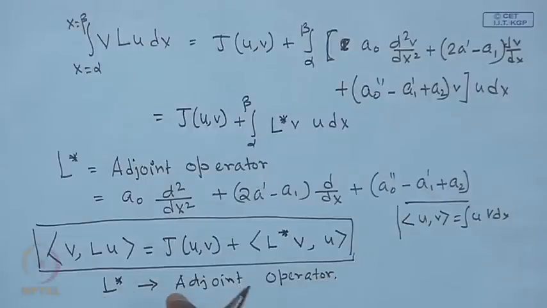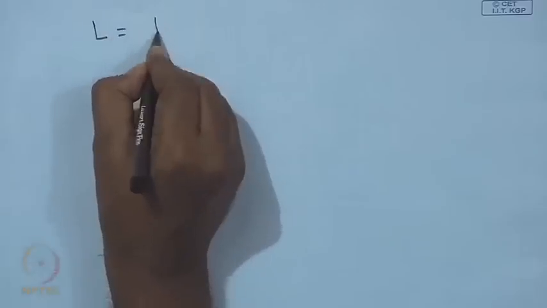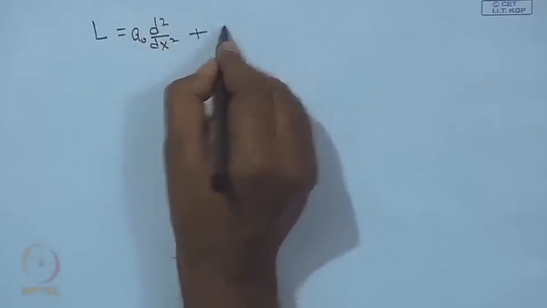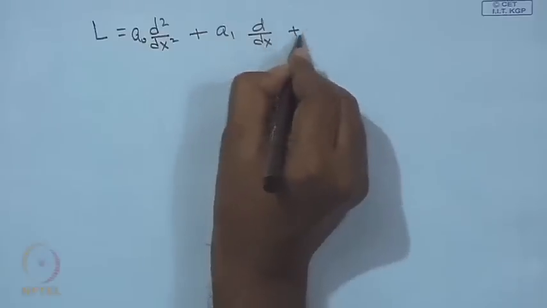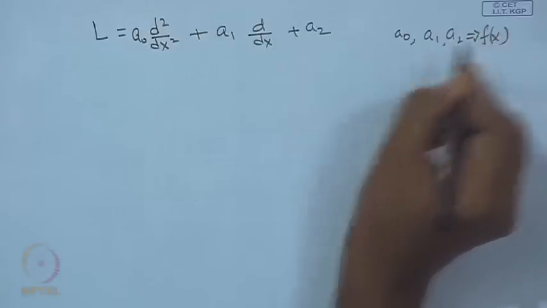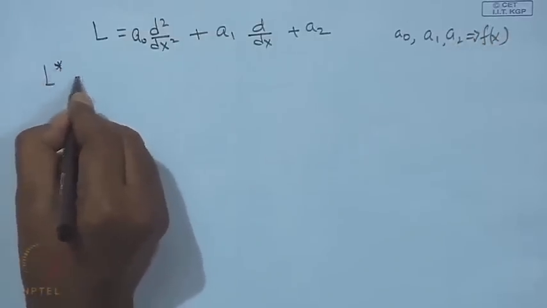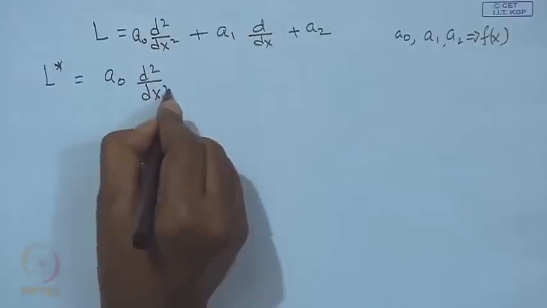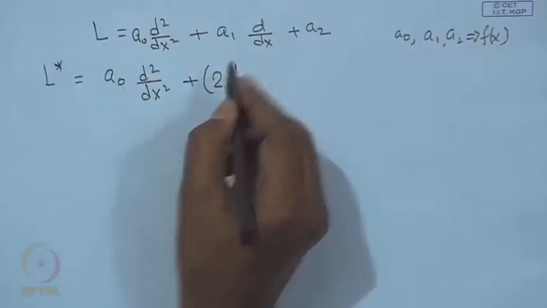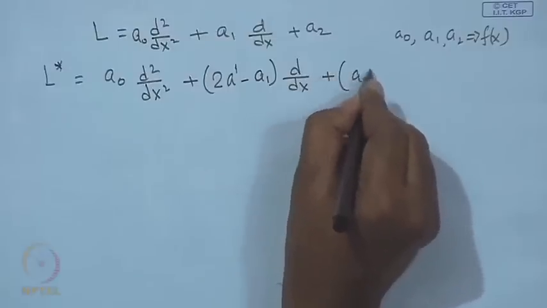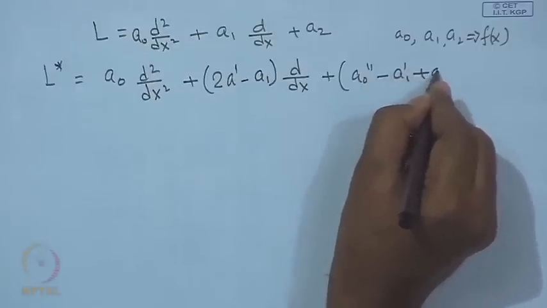In the general case, whatever we are discussing in this class, if the operator L is a 0 d square dx square, where a 0 is a function of x in general, plus a 1 d dx plus a 2, with a 0, a 1, a 2 all functions of x, then L star is given as a 0 d square dx square plus 2 a prime minus a 1 d dx plus a 0 double prime minus a 1 prime plus a 2.